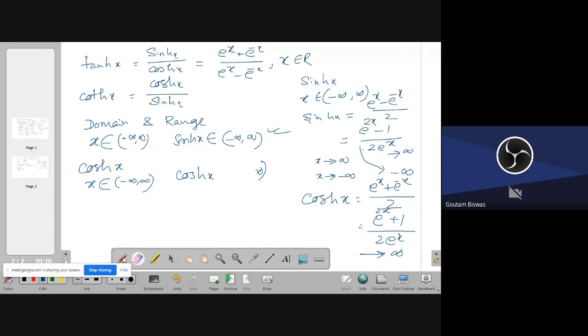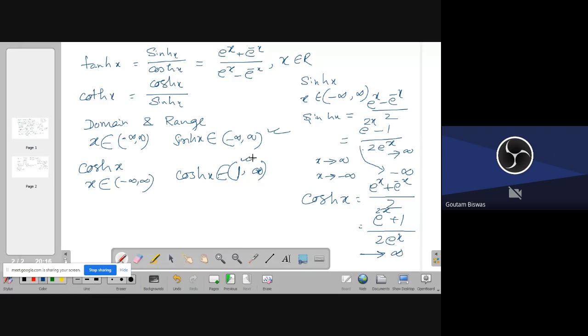So here, this lies between 1 and infinity. So as x goes to infinity, this will go to infinity, and as x goes to minus infinity, it goes to 1. Understood? Actually, it reaches 1 at x equal to 0, and after that it goes on increasing.